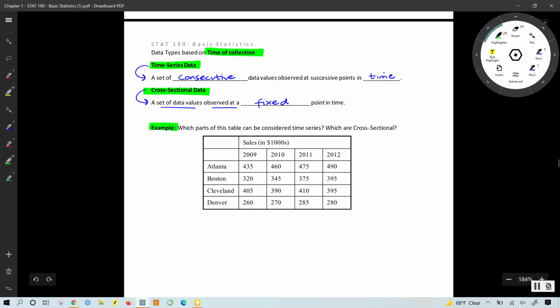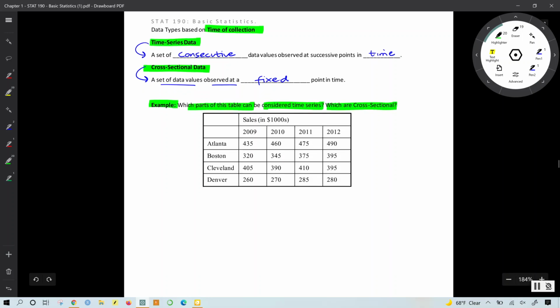To test our knowledge immediately, we take an example. Which parts of this table can we consider time series and which are cross-sectional? Well, this is for sales in thousands of dollars. For a fixed point in time, I observed all of this data for the different cities.